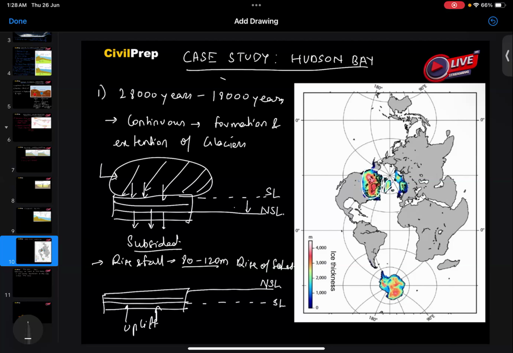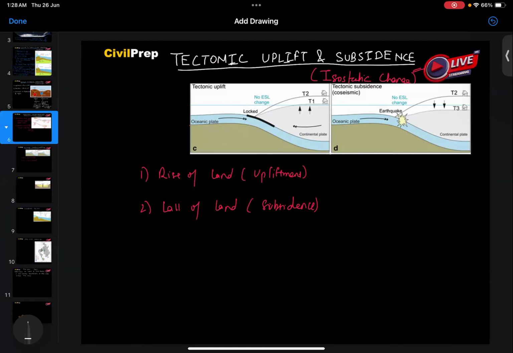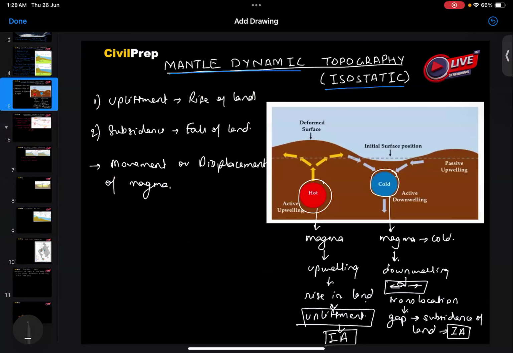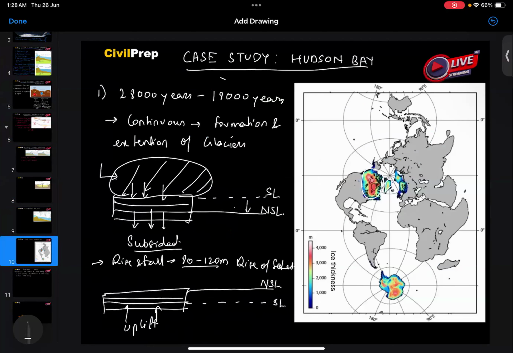Okay, so here we see that this is one of the factors where we can understand the glaciers, the tectonic fluids, the sedimentation distribution, the mantle dynamics, which explain very well the formation of the glaciers here.